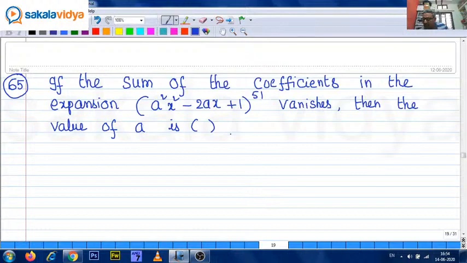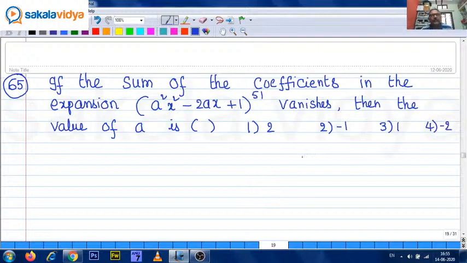First option 2, second option minus 1, third option 1, fourth option minus 2.